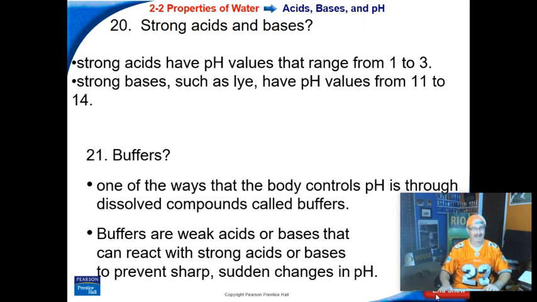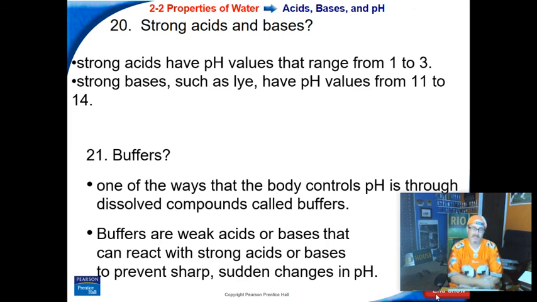Ta-da! Okay, so buffers are weak acids or bases that can react with strong acids or bases to prevent sharp, sudden changes in pH. You'll learn this when we start talking about enzymes and reactions in section 2-4. But reactions and enzymes are dramatically affected, and I'm talking in a bad way, by changes in pH and temperature.